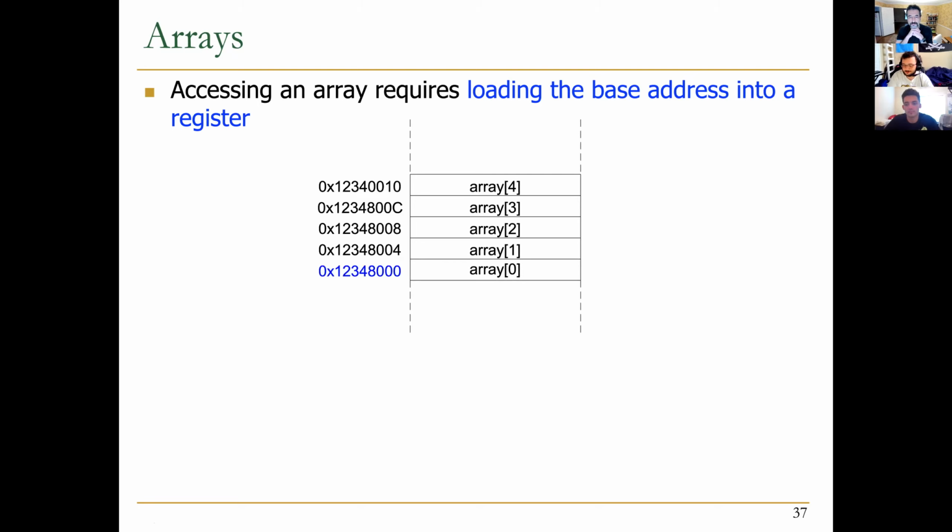So this is one example where the array has, for example, 5 elements, and we have this particular address as the base address, 1, 2, 3, 4, 8,000, in hex. This indicates the base address. We use the whole word, 32 bits, 4 bytes, to store the first element.